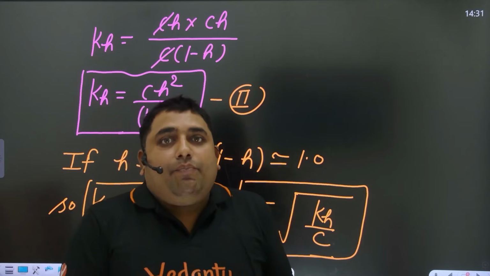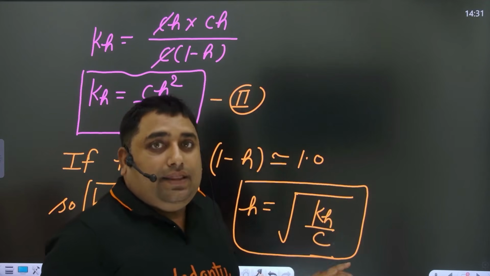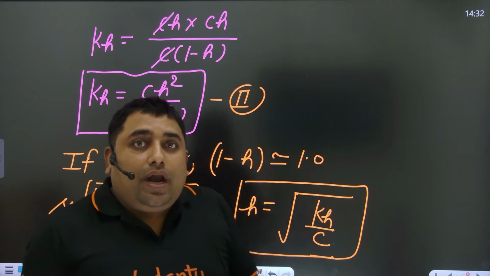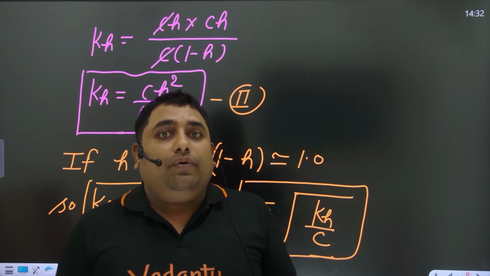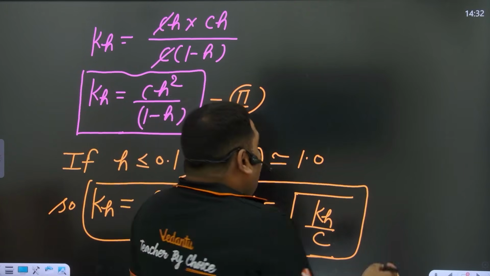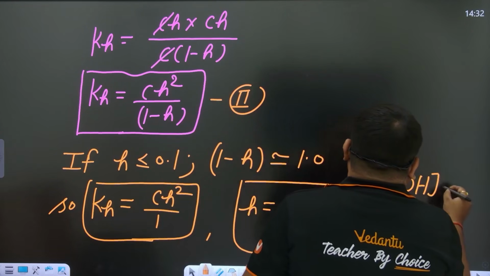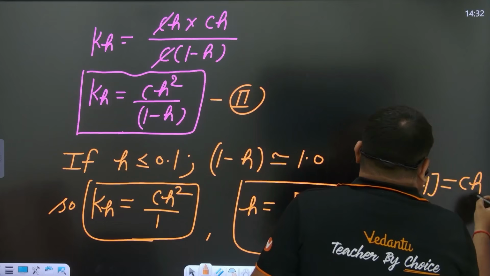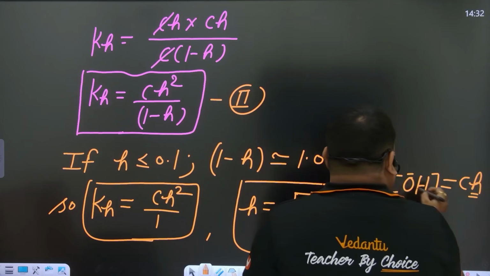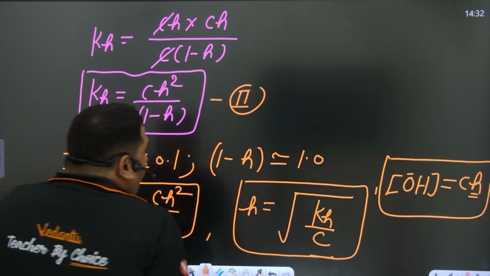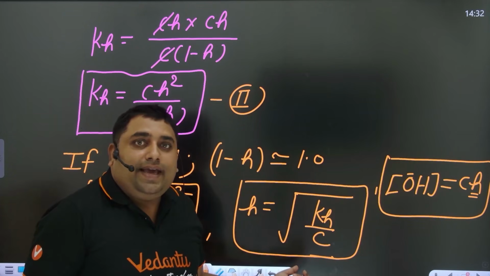If we are able to calculate the Kh value, then we are able to calculate the h value, and if we are able to calculate the h value, then we are able to calculate the concentration of OH minus ion, because we know that the concentration of OH minus ion is equal to Ch. Now we have to see how to calculate this Kh value, right?